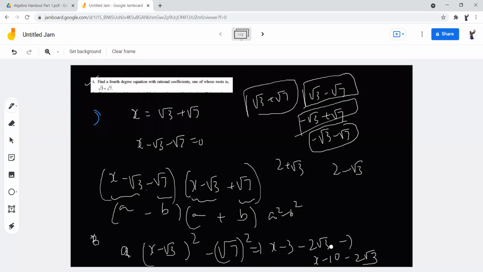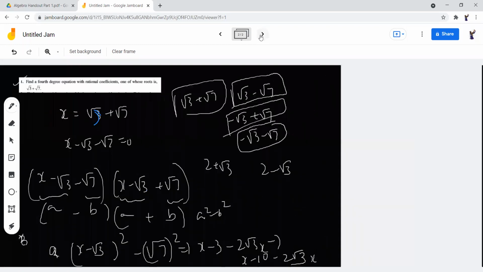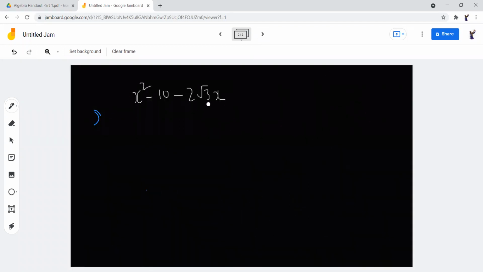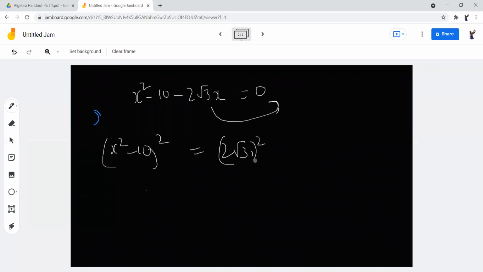So we have 2 root 3x here. So x square minus 10 minus 2 root 3x equals 0, and the same thing I'm going to multiply. So I'm sending 2 root 3x here: x square minus 10 whole square equals 2 root 3x whole square.